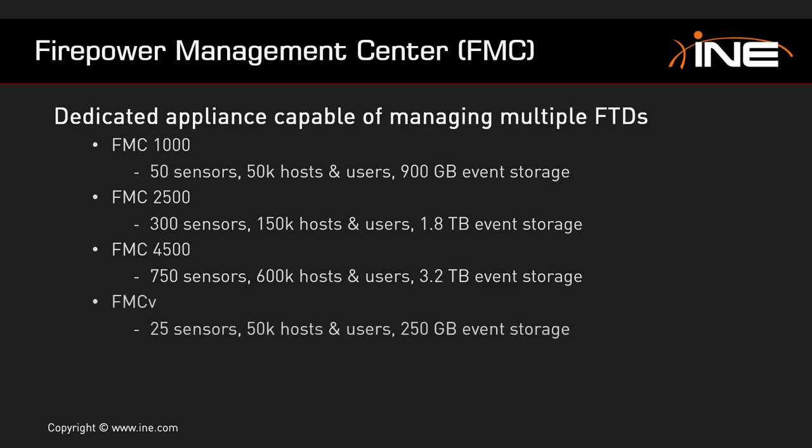And there is also a virtual version of FMC, FMC-V, that is able to manage up to 25 sensors, up to 25 FTDs. You can store the information about 50,000 hosts and users. This is going to be part of the so-called network discovery policy. And you can keep up to 250 gigs of events.